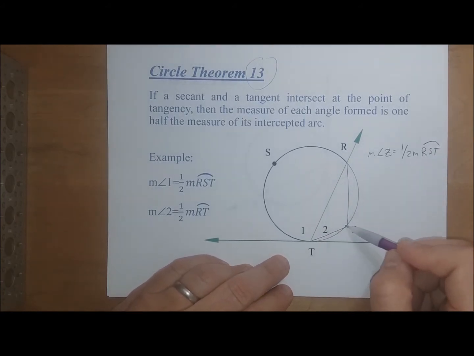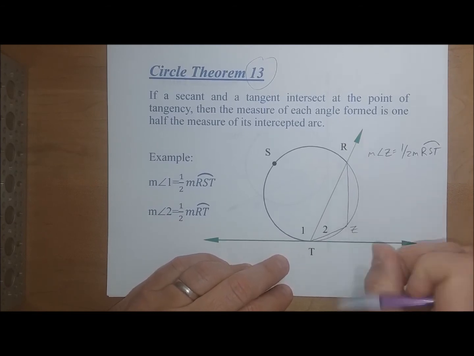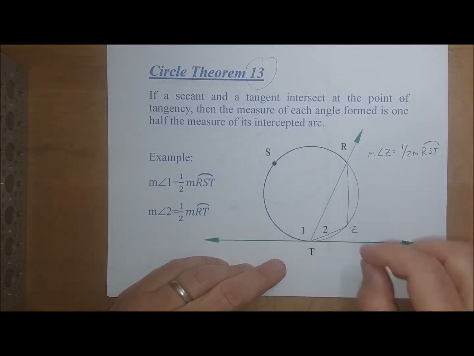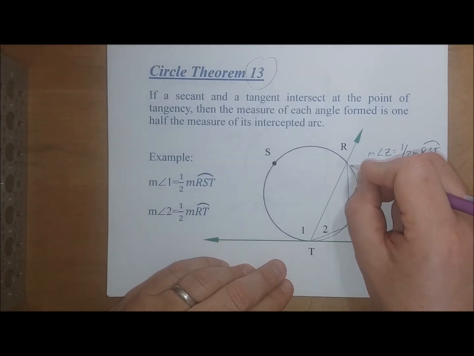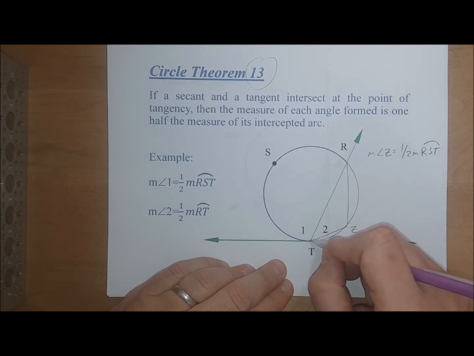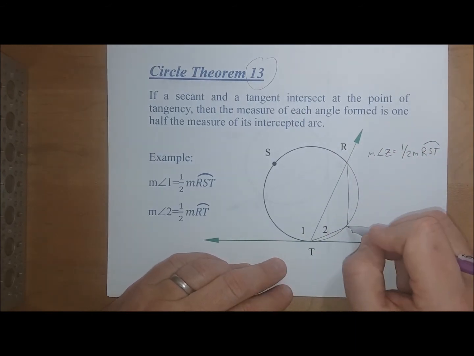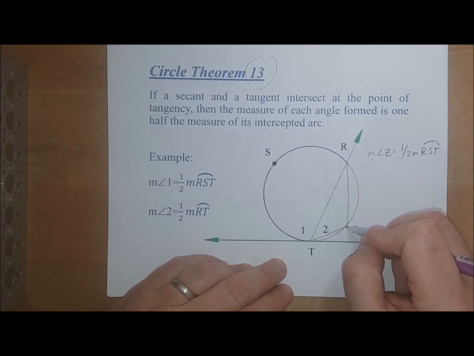We're comfortable with that. Okay, notice also that if this was like string and I had a pin, I could grab this vertex and move it anywhere on this arc, and it still intercepts the same arc. And therefore, even as I move this vertex, this angle does not change.